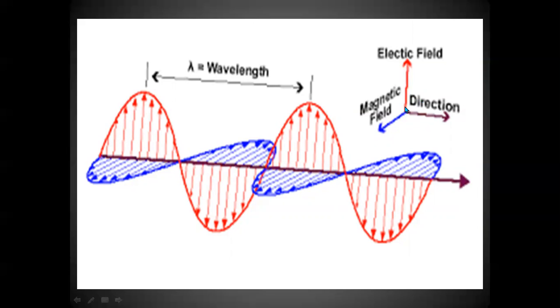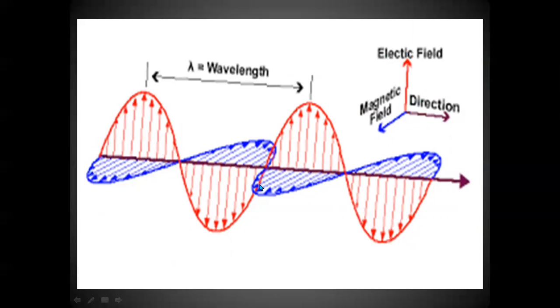So the red axis represents the electric field. From this point to this point is one wave, and this point to this is another wave, as electric field.